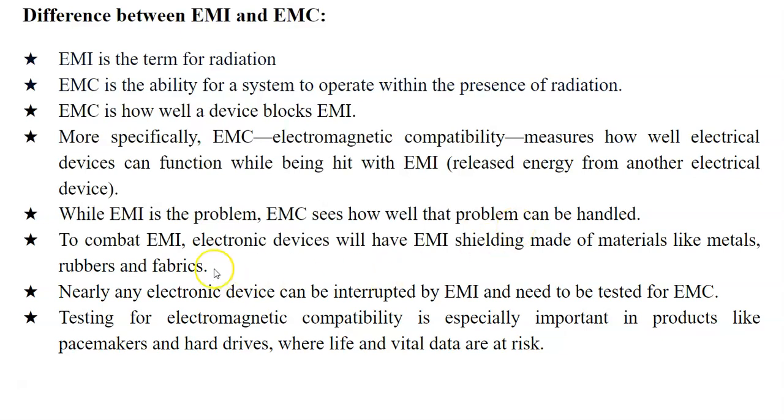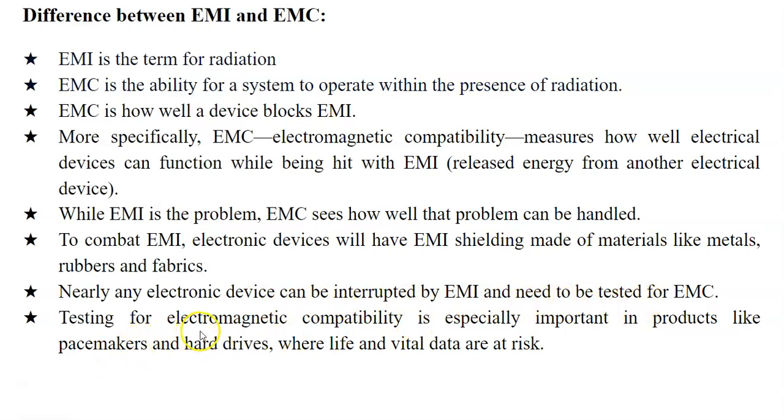To combat EMI, electronic devices will have EMI shielding made up of materials like metals, rubbers and fabrics. So we should keep the various electronic devices inside a shielding box which has a coating of rubber, fabrics or metals. Nearly any electronic device can be interrupted by EMI and needs to be tested for EMC.